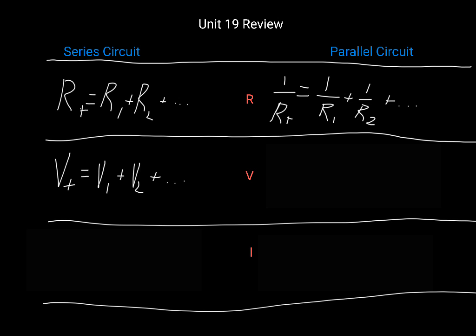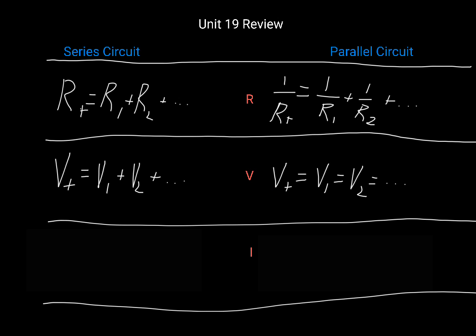This happens because once we go through our whole circuit and are back at the negative terminal of our battery, we know we have to end up with 0 volts. So with that total 0 voltage, we need to be dropping all of that voltage that we start with. So if we start with a 5-volt battery, we need to drop those 5 volts along the way and end up with 0 volts. In parallel, we know that the voltages are all equal to each other.